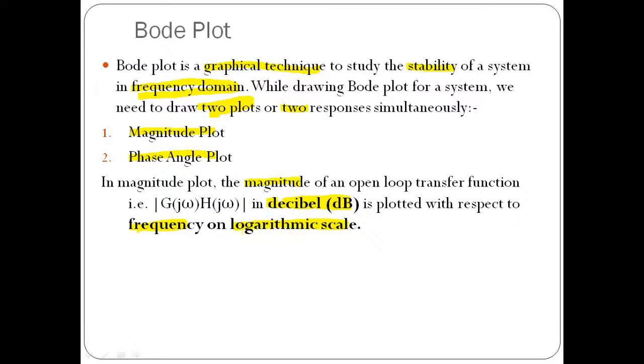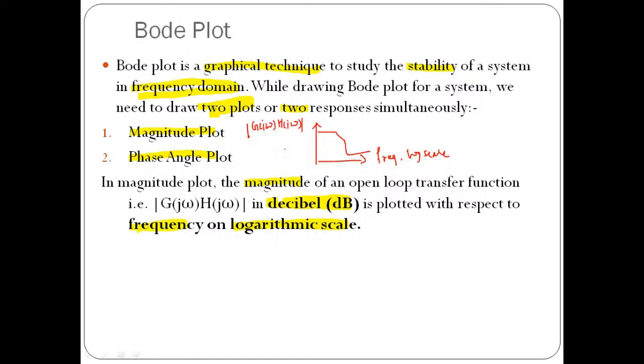In the magnitude plot, we draw a plot where on the y-axis we take the magnitude of the open loop transfer function, that is magnitude of G(jω)H(jω), and on the x-axis we take frequency, which will be in logarithmic scale. Whatever plot we get as output indicates the magnitude plot for the system.